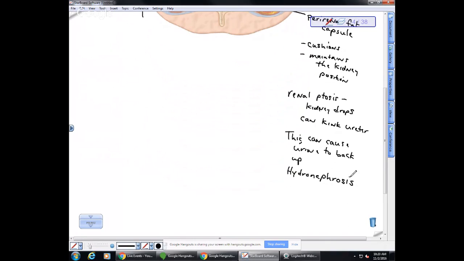So literally, and we're going to learn about what nephros means, nephrons, it's water on the kidney. This can cause kidney damage, and it can also cause renal failure. So the kidneys just stop working.